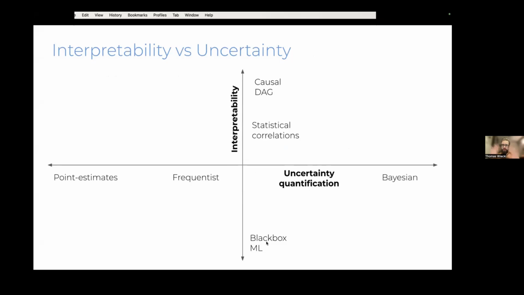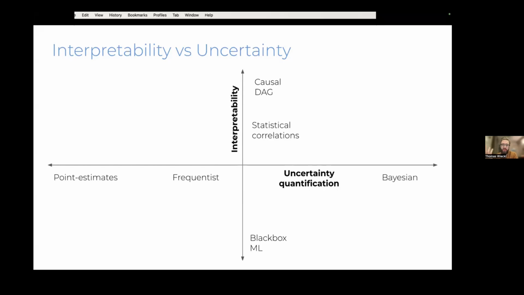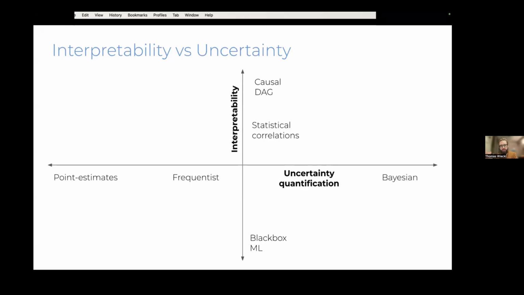You just learn some function that is as predictive as possible, but whether that is actually understandable, oftentimes it is not, right? And we don't care in many problems. That's totally fine. It's not an inherent problem. If we only care about predictiveness, then those algorithms work exceedingly well.